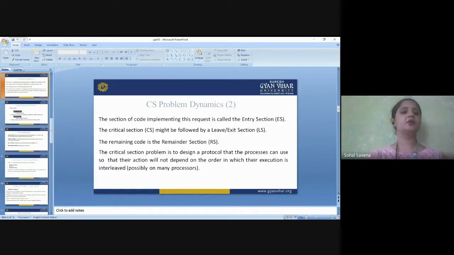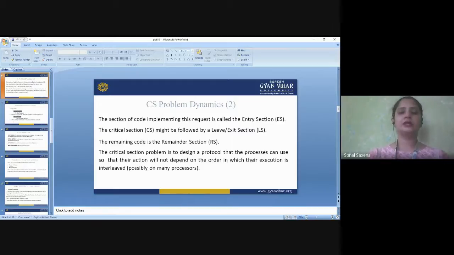So both play an important role in the critical section solution, because one signals the engagement of the CPU and the other signals that the critical section has become free and is welcoming other processes to get executed. So this is the second dynamic that we have seen.